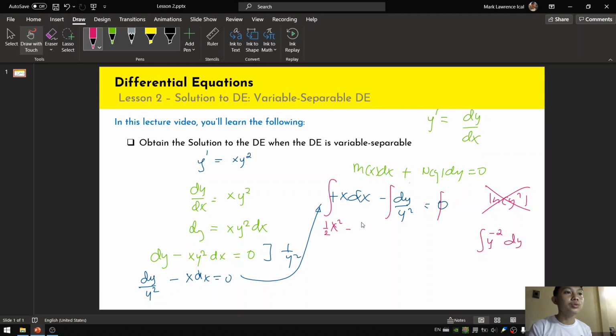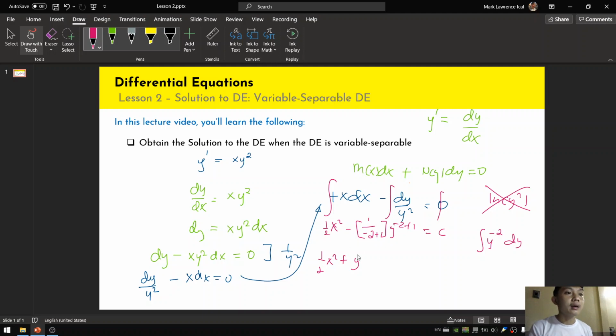So it's going to be minus 1 over minus 2 plus 1, then y to the negative 2 plus 1 is equals to C. So that will be 1 half x squared plus, so we're going to have y, 1 over minus 1, so it's going to be negative 1 times negative, so it's positive.